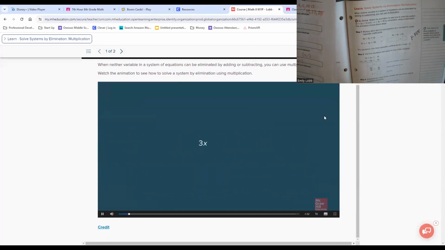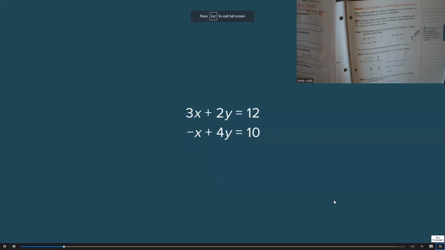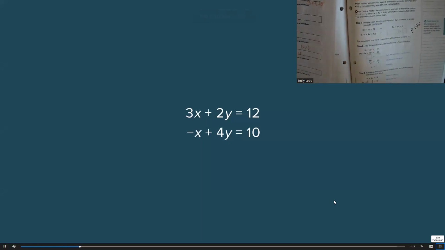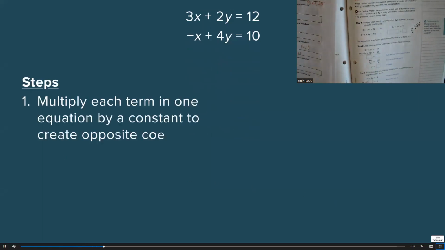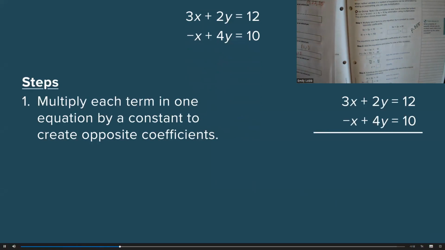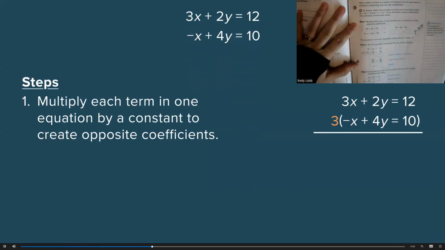The elimination method for solving a system of equations involves eliminating one of the variables in the system by adding or subtracting the equations. Sometimes you first need to use multiplication to create opposite coefficients. To solve this system, first multiply each term in the second equation by 3 in order to create opposite coefficients for the x terms.